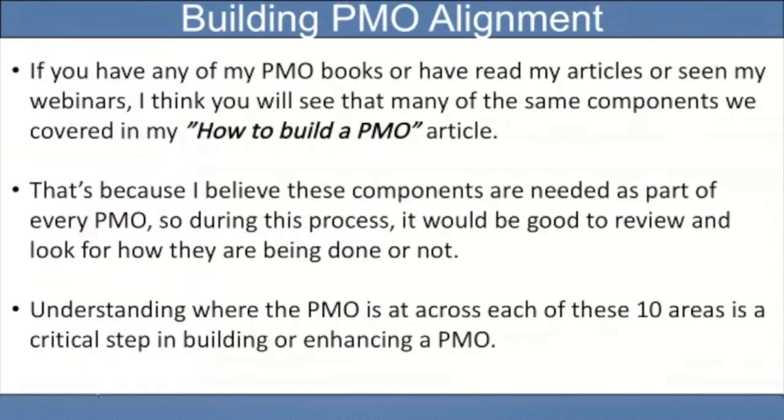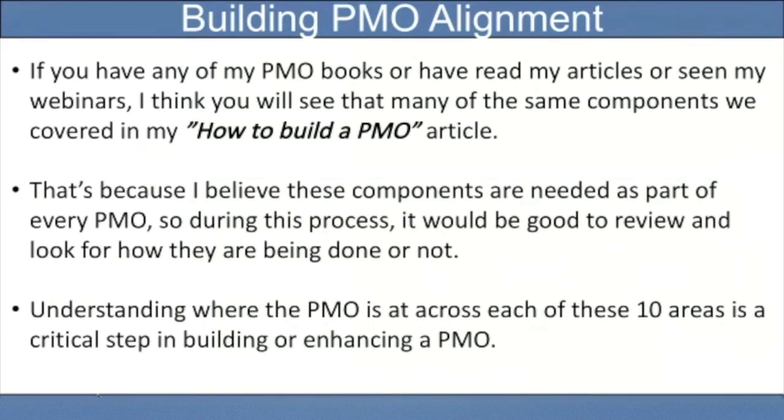So one of the things I want to make sure is that there's this alignment around building, right? So if you've read any of my books or read any of my articles, you're going to see the components we just covered are the same as in how to build a PMO or in my articles and my books, right? I believe the components we just covered are critical in building a PMO, right?